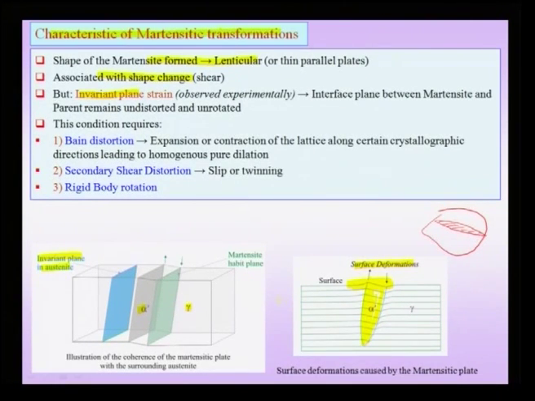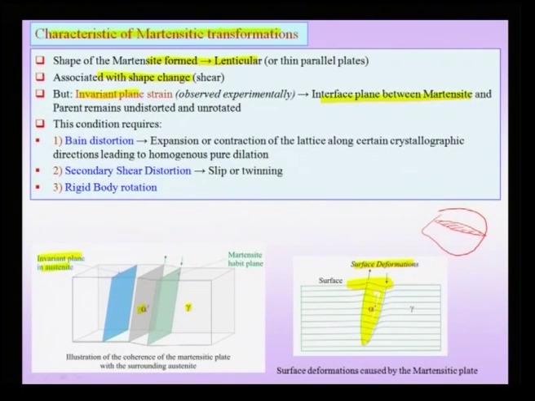So, this is called the invariant plane, and therefore, the strain which is involved in this martensite formation has to be consistent with the fact that there is one invariant plane in the whole transformation. And this interface plane between martensite and parent phase, this invariant plane, remains undistorted and unrotated during the whole transformation. This whole process therefore has to involve 3 steps.